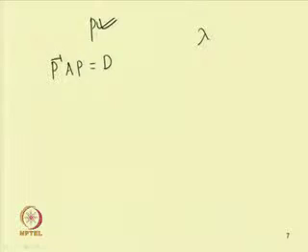We can select a matrix P such that P inverse A P is a diagonal matrix D. So P inverse A P will be equal to D. This will happen if all the eigenvalues lambda i of this matrix are distinct.